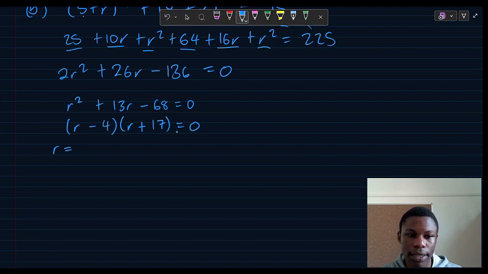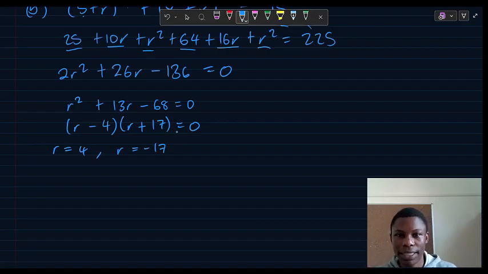So either R is 4 or R is minus 17. And in the context of our question, R represents the radius. The radius of a circle is going to be a positive measurement, so you can conclude that therefore R must be 4.